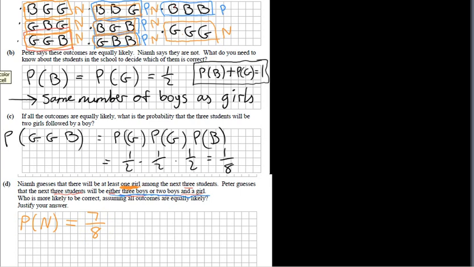Then we can look at Peter's guesses. Probability of Peter's guesses. So we count the number of favourable outcomes for Peter, which is 4, put that over 8. Straight away we can see that P of N is greater than P of P, so Neve is more likely to be correct.